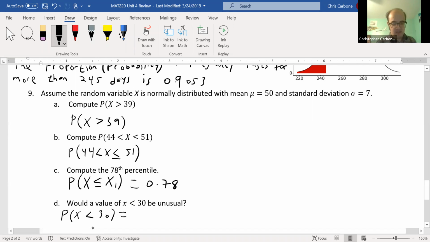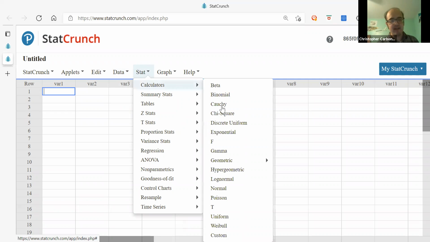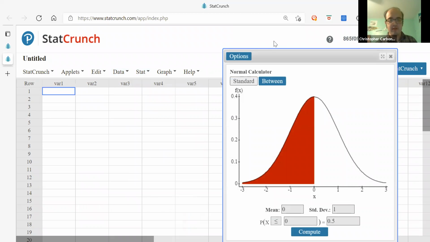Okay. Let me pop these into StatCrunch. We'll do each one first, and then eventually put it back into our document. So we're going to Stat, Calculators, Normal, for us to get these values.